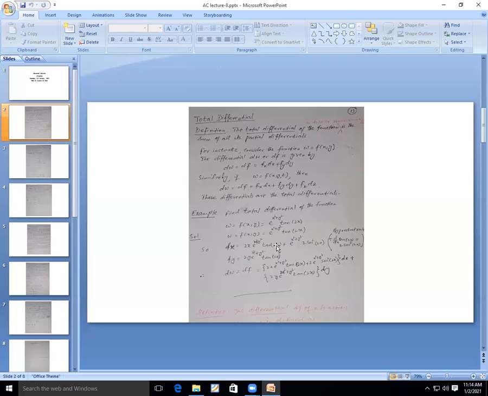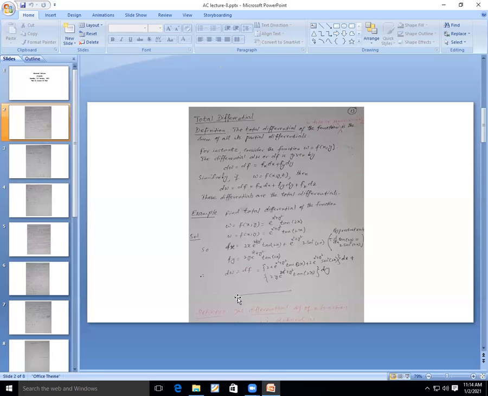This is your second function, plus the derivative of the second function, which is tangent 2x. The derivative of tangent 2x is equal to 2 secant square 2x. Differentiate this 2x first with respect to x, which is equal to 2, and then the tangent gives secant square.